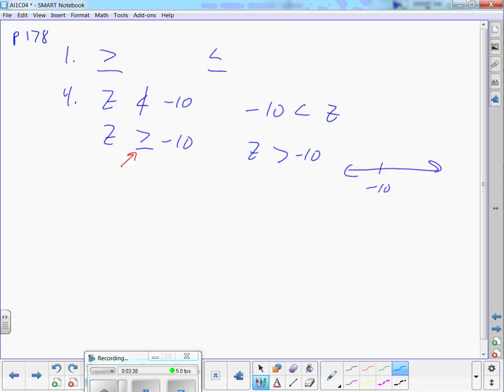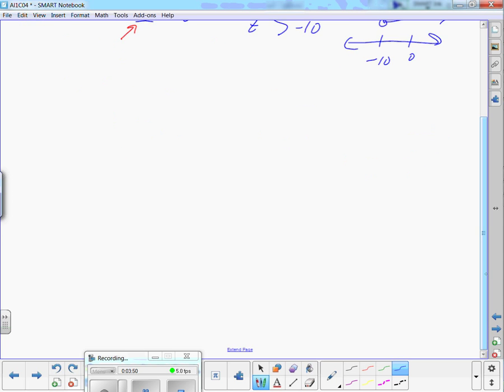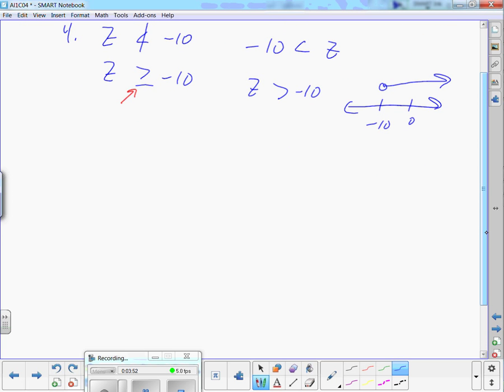And that's why I did this one for you. And so again, hopefully you put a circle over the negative 10, arrow to the right. How many got that correct? Okay, and if you missed it, I'm not sure what's happening there. Again, as I tried to tell you, get your variable on the left. This way your inequality arrow always goes in the same direction as your symbol. Feel free to ask questions as we go. Just pop a hand up.